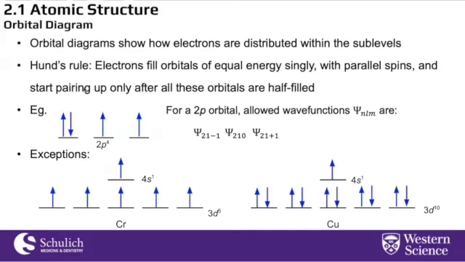Okay, so the last thing I want to talk about are orbital diagrams. These basically show you how electrons are distributed within a given sublevel. And when you're drawing these diagrams out, you always want to keep the Aufbau principle and Hund's rule in mind.